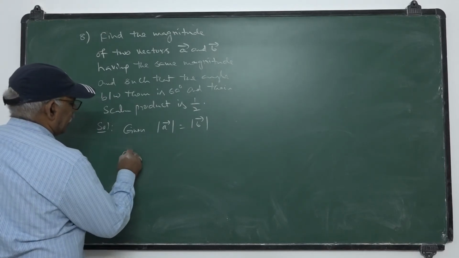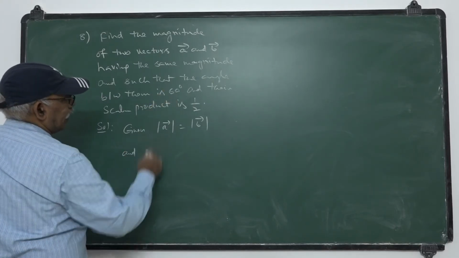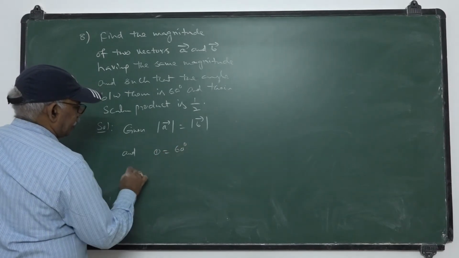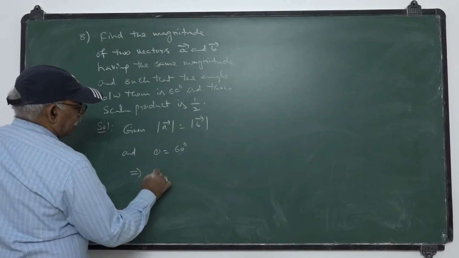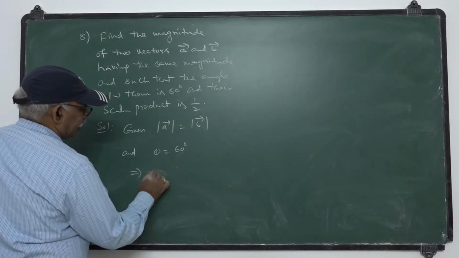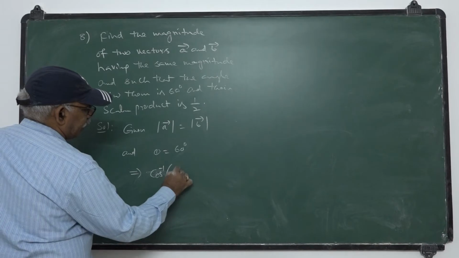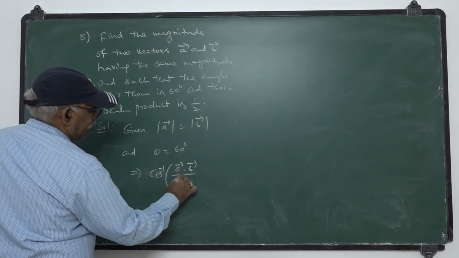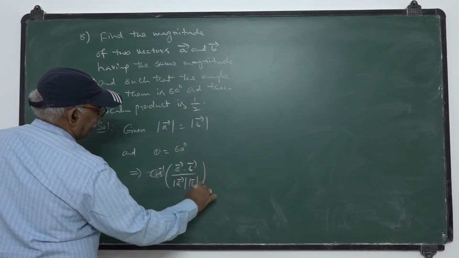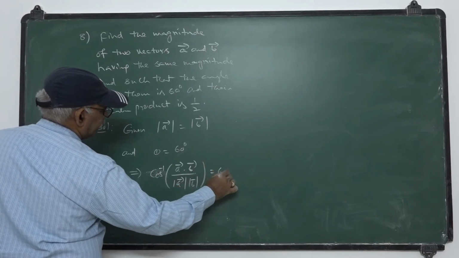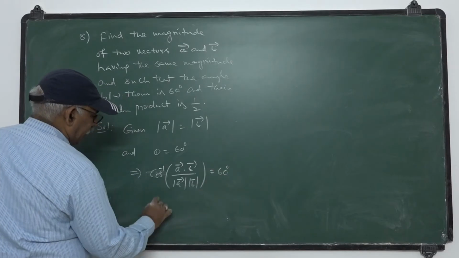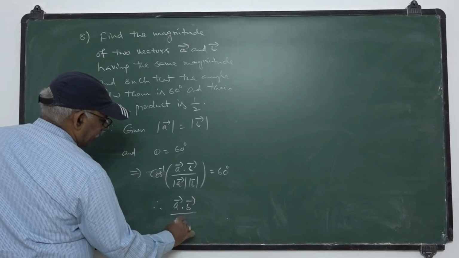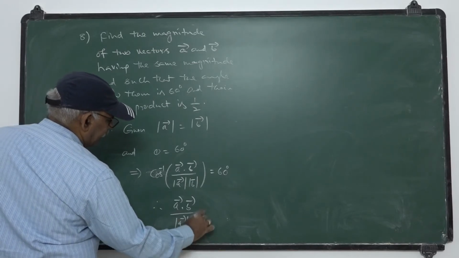And given the angle between the vectors is 60, theta equal to cos inverse of A bar dot B bar by mod A bar mod B bar equal to 60. Hence A bar dot B bar by mod A bar mod B bar is cos 60.